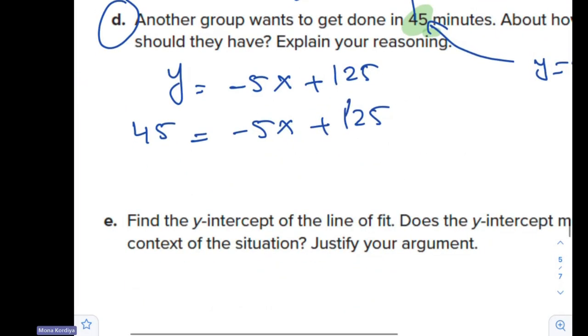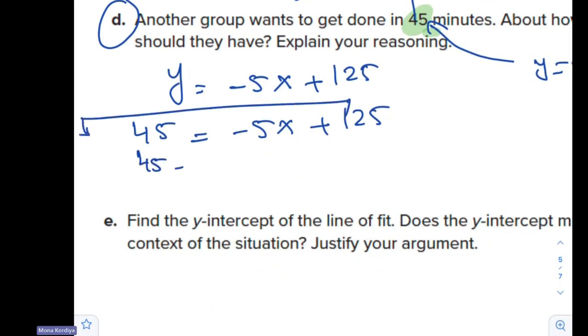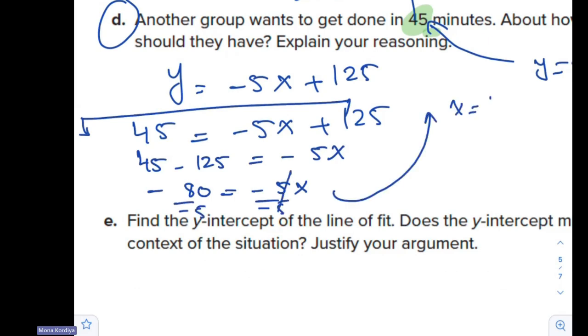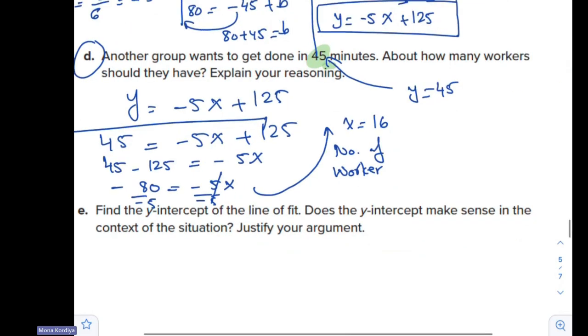Then 45 minus 125 equals negative 5x. Negative 80 equals negative 5x. You divide both sides by negative 5, then x is 16. That means the number of workers needed to finish the work in 45 minutes equals 16.